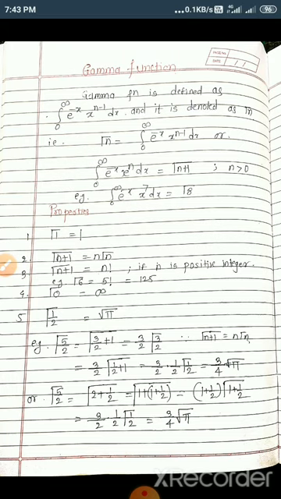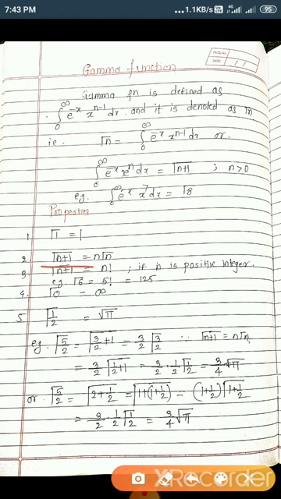For example, let's see gamma 5 by 2. Here we are using property number 2, gamma n plus 1 is equal to n into gamma n. Using this, gamma 5 by 2 is expressed with 3 by 2 plus 1, and this is nothing but 3 by 2 into gamma 3 by 2.